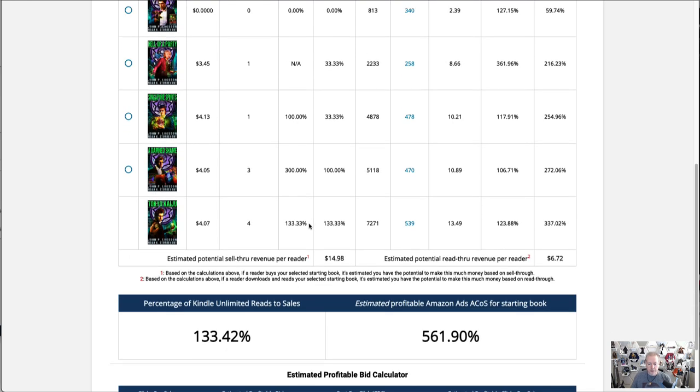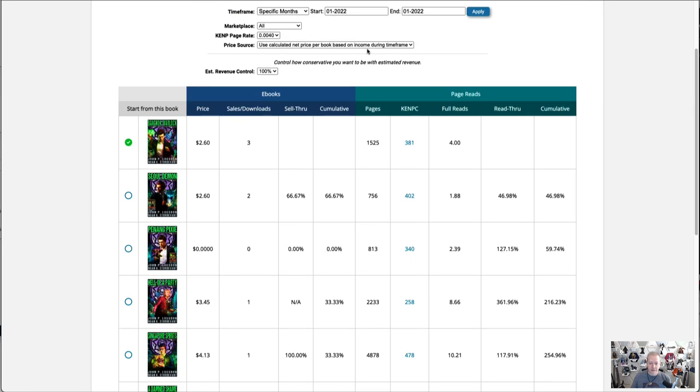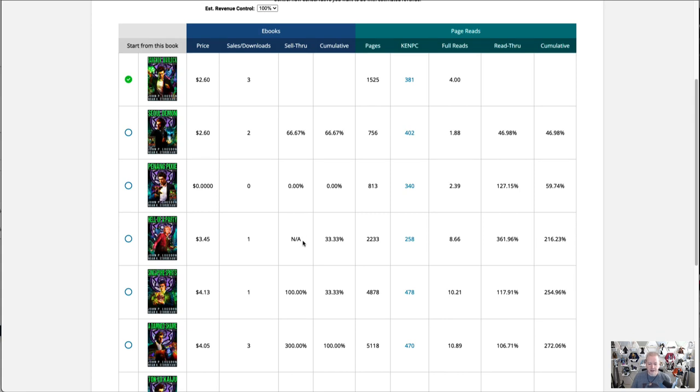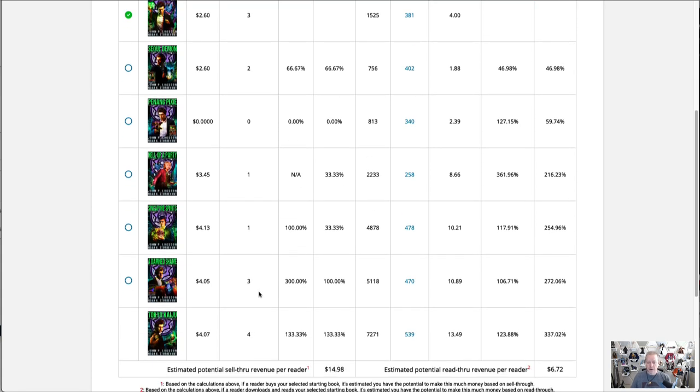And then, of course, 133%, again, we have the same situation where there are 4 here and only 3 in the previous book. How is that possible? Because the people who bought the previous book bought it outside of the time frame that we're looking at. Now, again, this is just estimated information, so we don't really know specifically when these people purchased a particular book, but you can make an educated guess that it must have been outside of the particular time frame that we're in, prior to the time frame that we're particularly in.